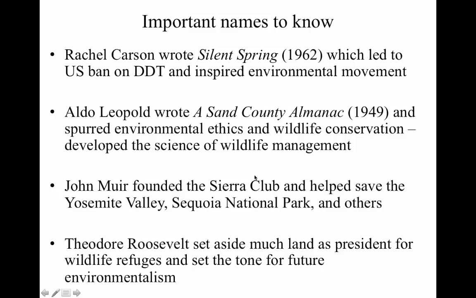John Muir founded the Sierra Club and is responsible for a lot of the parks out west, like Yosemite and Sequoia, receiving park status. And Theodore Roosevelt set aside a lot of land when he was president for wildlife refuges, and he really set the tone for future environmentalism.